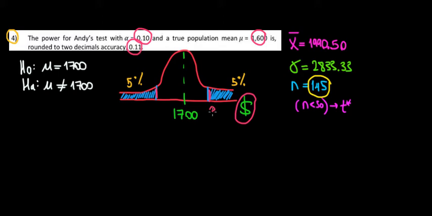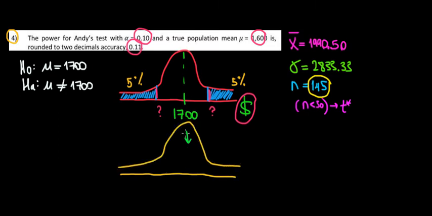Now, how can we calculate these values? These are our question marks. Since we're dealing with probabilities, we must translate our distribution into the z distribution. So that's what we do right now. We're going to have below the z distribution based on this data. The mean of the z distribution corresponds to a z value of 0, because that's the property of the z distribution.